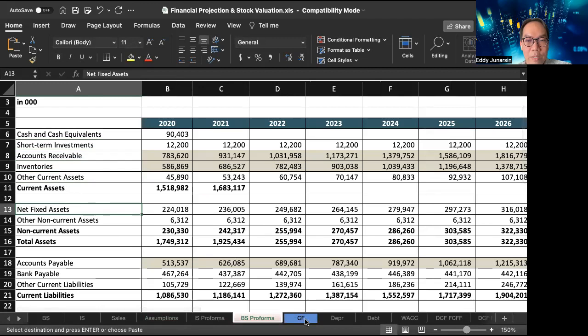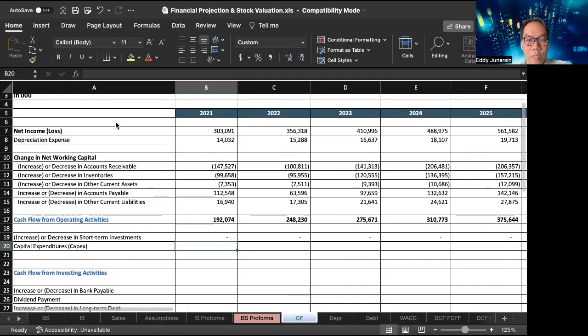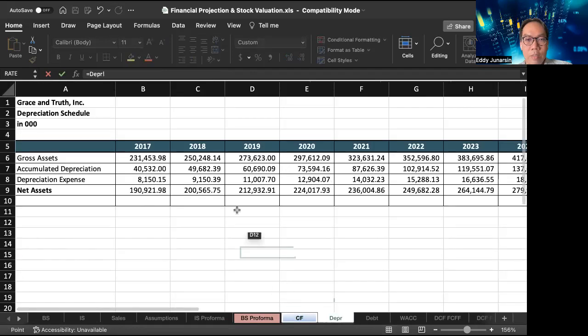The capex, right? The capex, capital expenditures. Just right here. Capital expenditures, and we have it in a separate sheet. Oh, here.